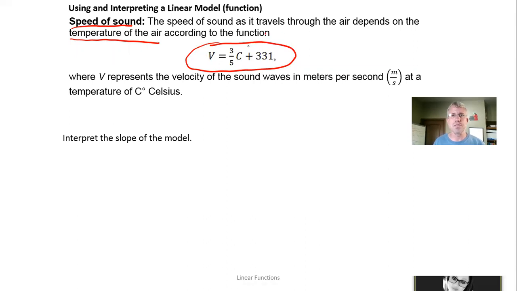It says the speed of sound as it travels through air depends on this function, and V represents velocity of sound waves in meters per second at a temperature of C degrees Celsius. So when we look at this, we want to recognize that the inputs are degrees Celsius and the outputs are speeds in meters per second.